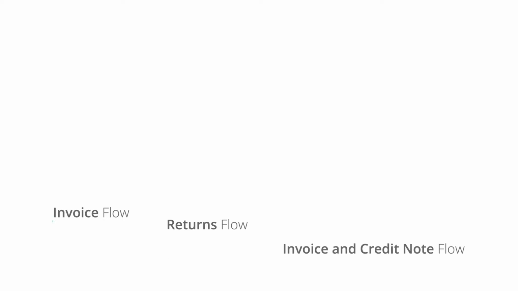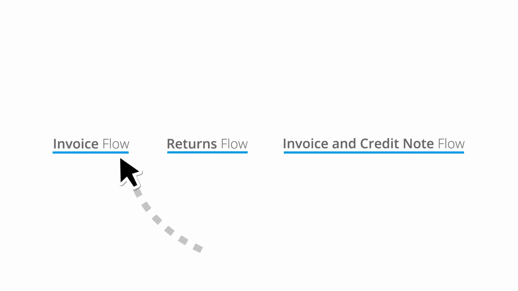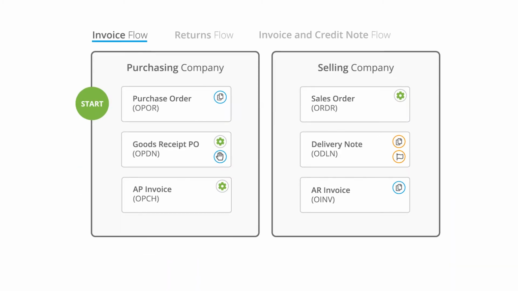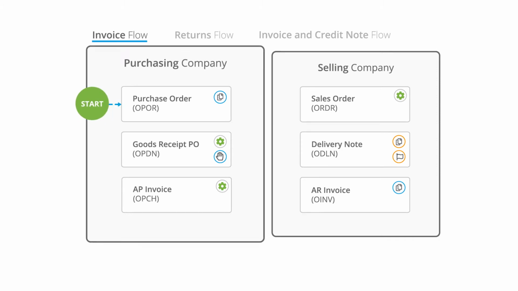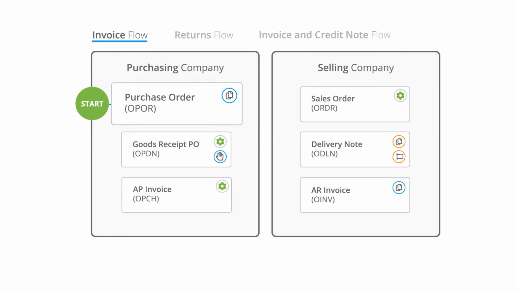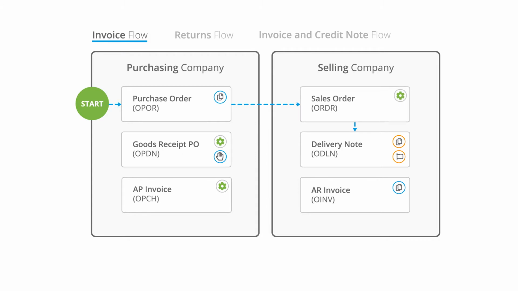Let's look at some example flows that demonstrate how the template can be configured. In the invoice flow, an SAP Business One user within the purchasing company creates a purchase order using copy to. A sales order is then automatically created by BPA Platform within the selling company.